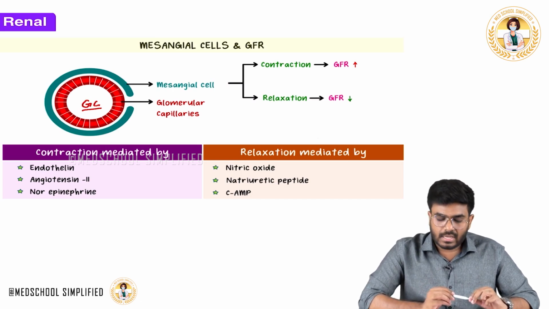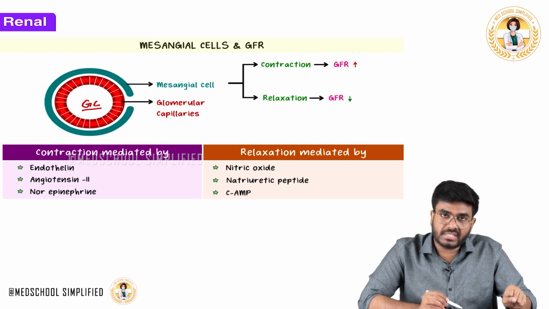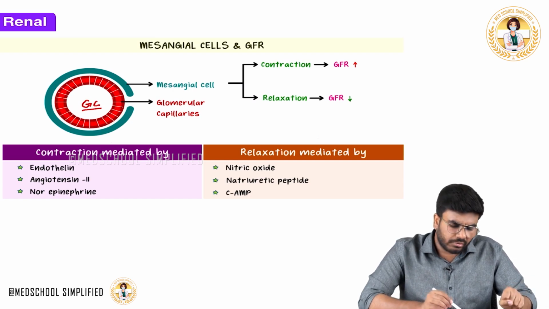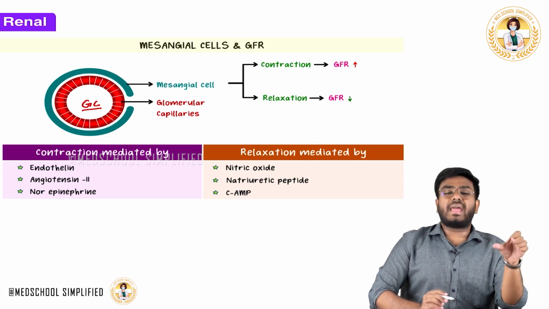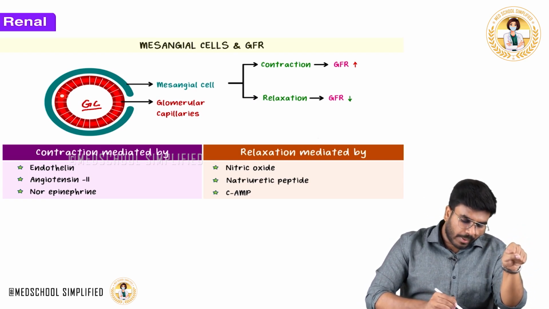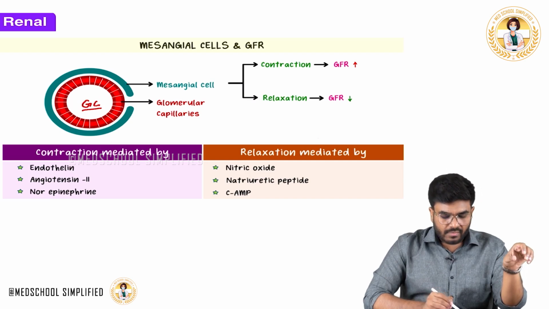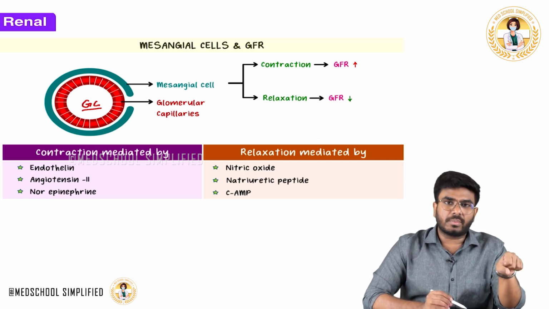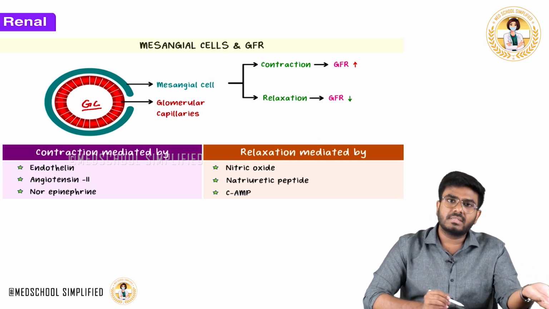These mesangial cells can undergo contraction and relaxation. Now, think logically and tell me, if this mesangial cell contracts, what happens to this glomerular capillary? The glomerular capillary is going to undergo constriction. When the glomerular capillary undergoes constriction, what happens to the GFR? GFR automatically decreases. Simple, right?